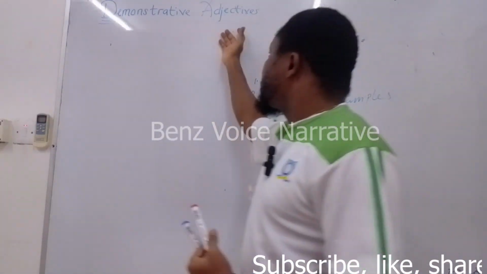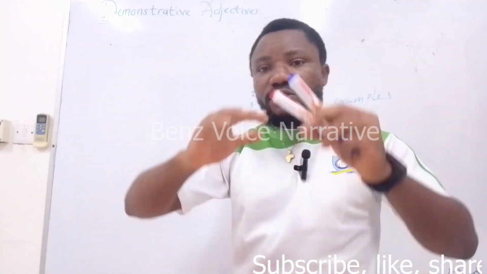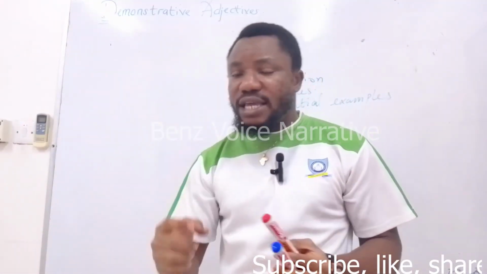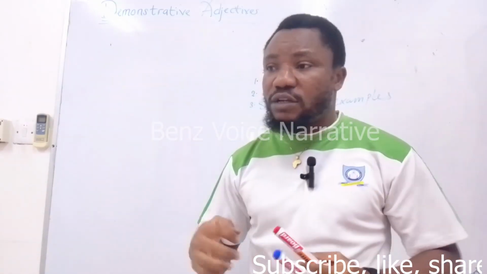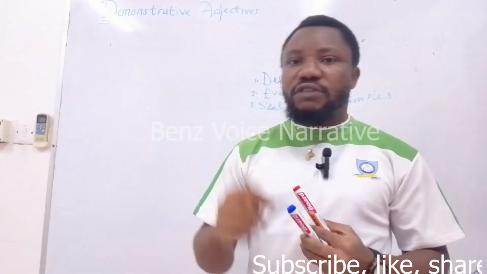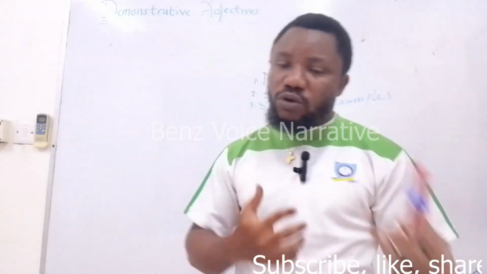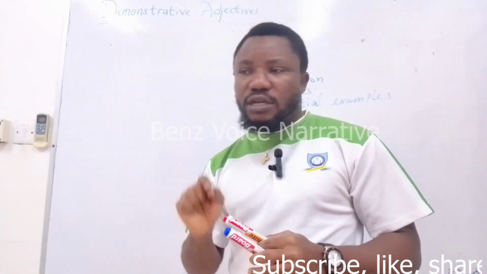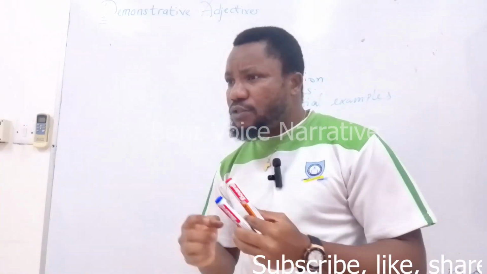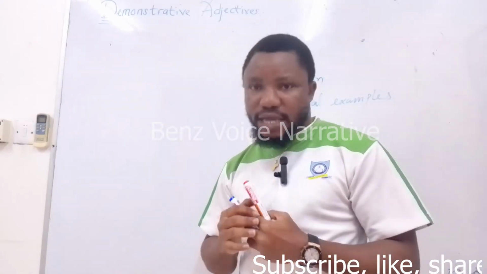So demonstrative adjectives are words that modify, that describe a noun in a way that shows the specific noun that is being pointed out or spoken about. They point at the specific noun we are talking about.